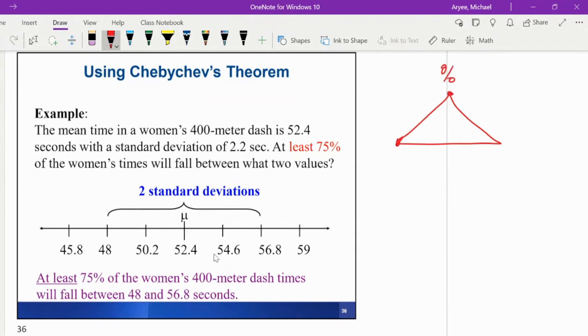One side could be the minimum percentage, another side could be k, and the third side could be the limit. Now, for the limit, we have a lower limit and an upper limit.